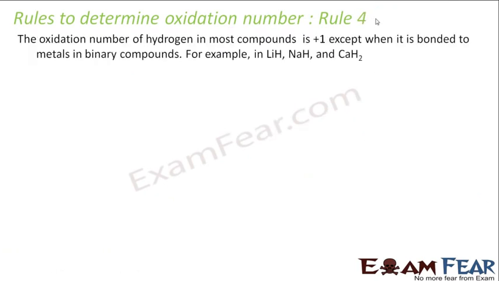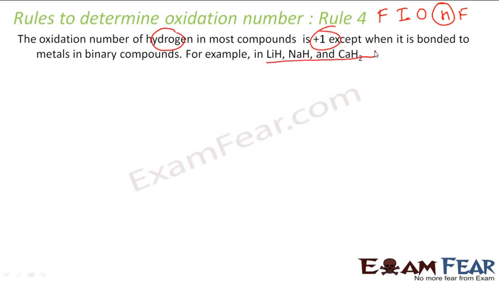This is rule 4. Let's write the mnemonic once again. H. As I told, the oxidation state of hydrogen in most of the compounds is plus 1, except when it is bonded to metals. For example, if you see H2O, hydrogen will be plus 1. HCl plus 1.